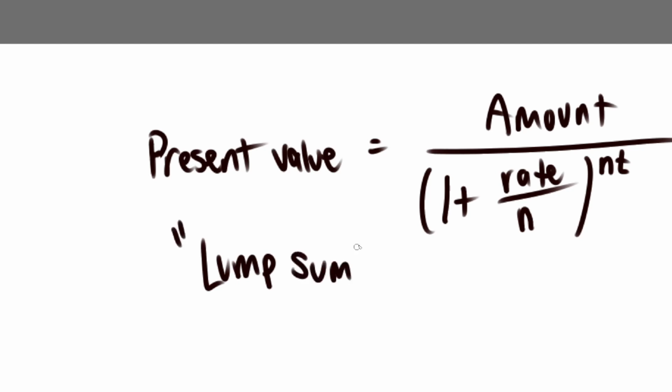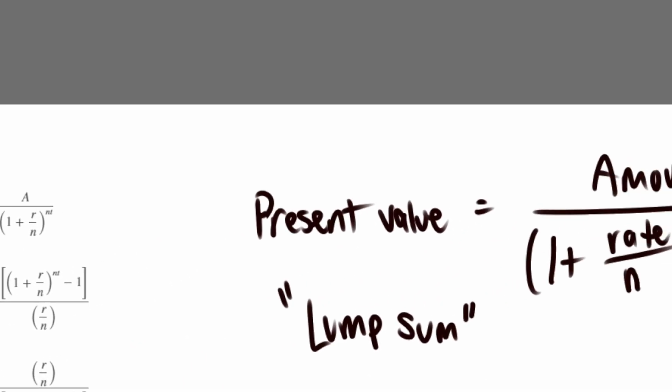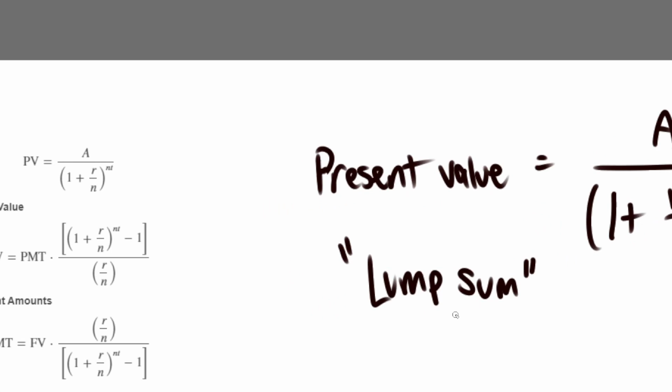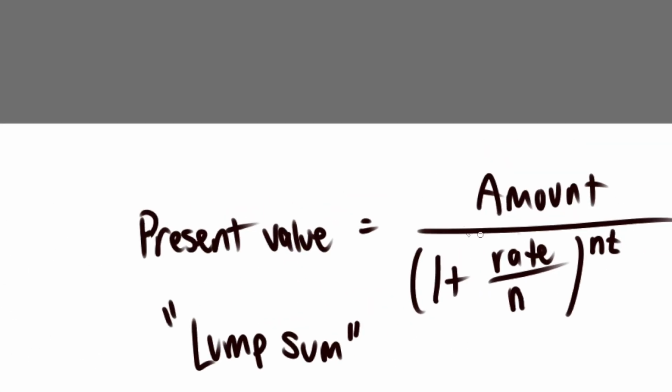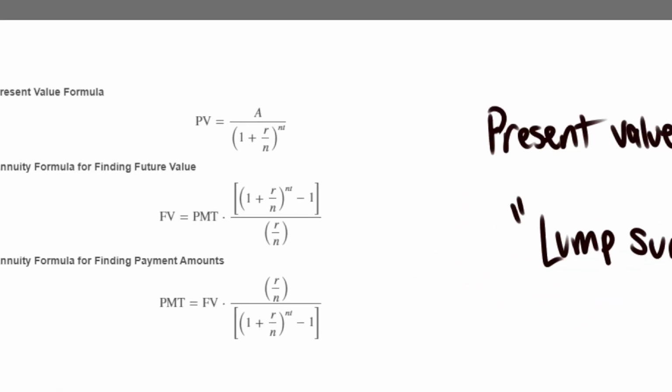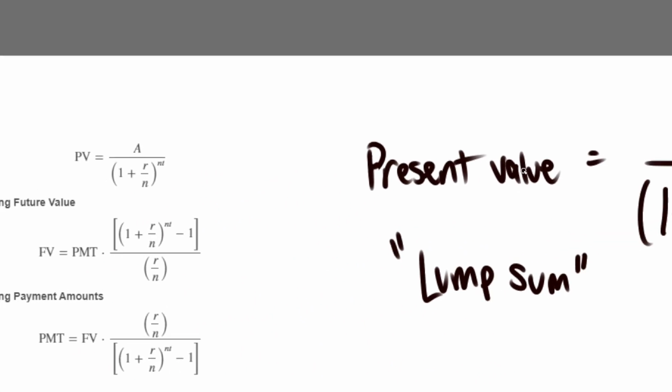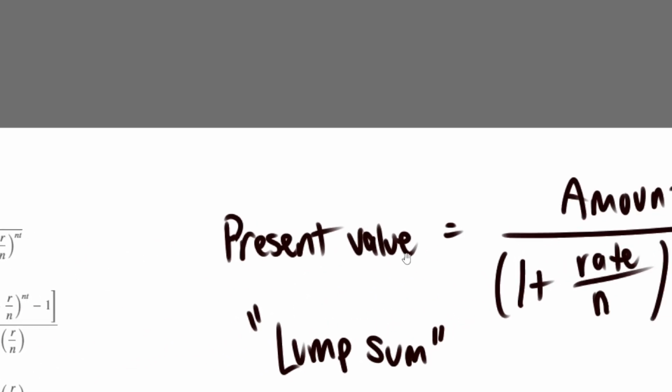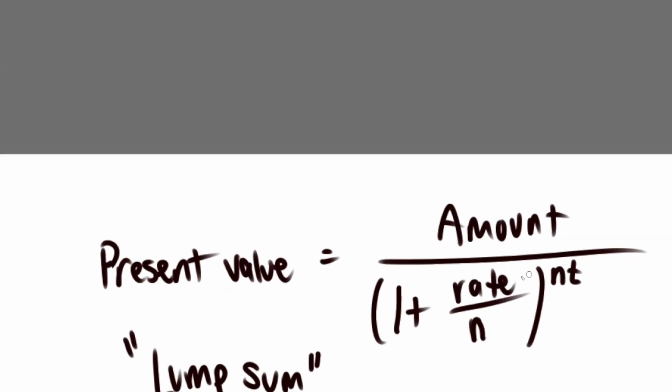If you see this in your problems, what is the lump sum? There's a good chance that you're going to be looking for present value. So you'll be putting in the amount that you need, and then your rate and the amount of times it compounds.